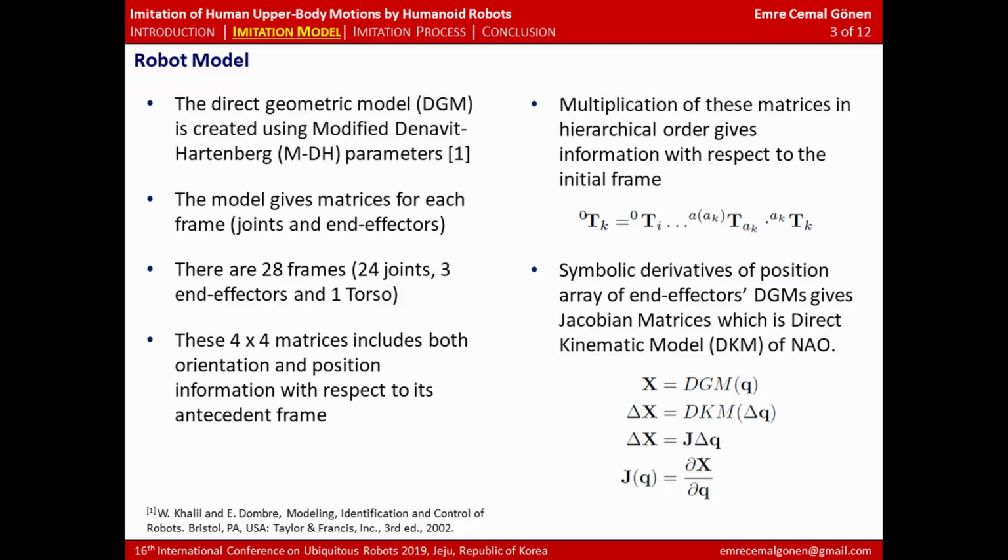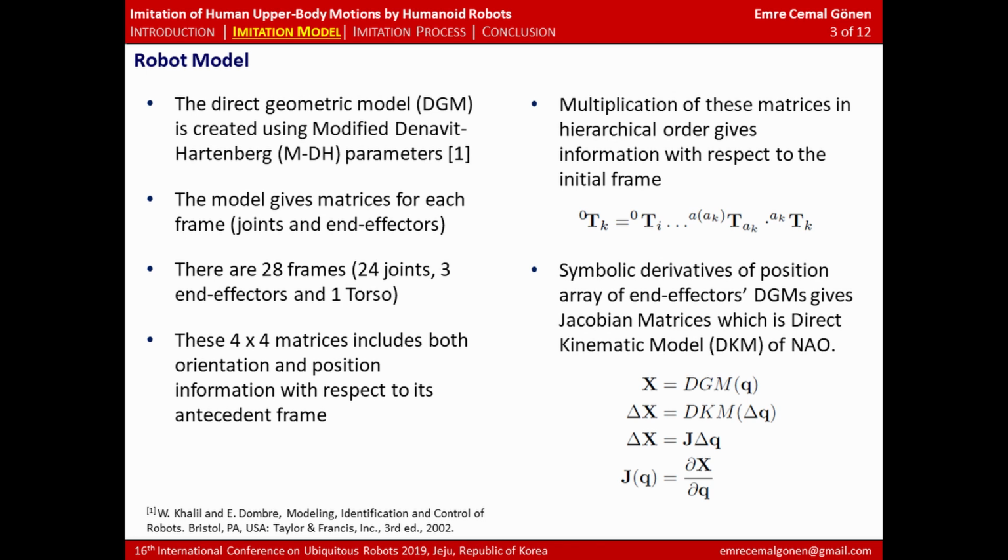For a successful imitation, a well-defined robot model is needed. And we create NAO's model using modified DH parameters. It gives us 4x4 matrices, which include both position and orientation information for each frame. And a frame can be defined as a joint or an end effector or a special location on the robot.